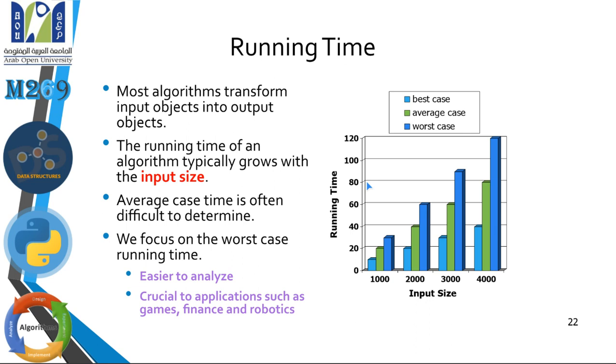If you want to analyze the algorithm, you cannot rely on the best case, right? And it's very hard to find the average case because you need to apply different techniques in probability and mathematics. But it's very simple to consider the worst case.